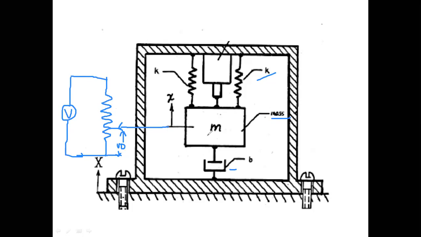So the mass, spring, and dashpot are arranged such that all are placed in a housing. This is the housing.